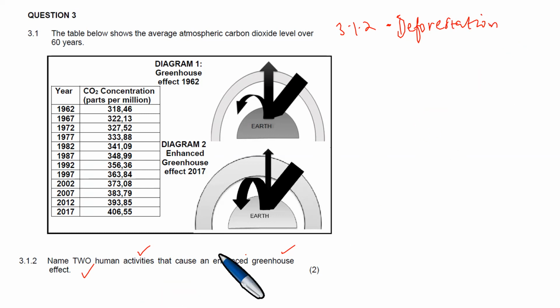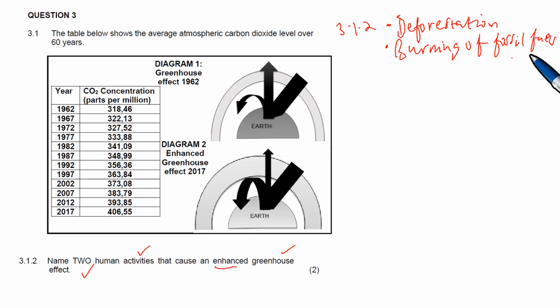It enhances the greenhouse effect, it increases it, the removal of trees. But not only the removal of trees, we also speak about the burning of fossil fuels.